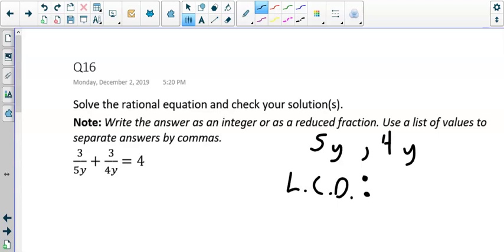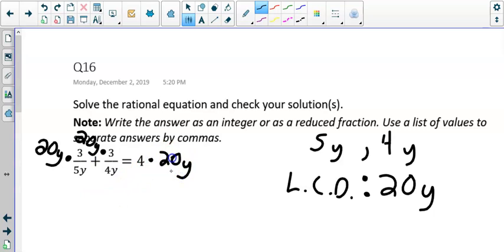Okay? Because I got to get them both to divide a common number. The only common number both 5 and 4 can divide is 20. And since both of them have a y, we need the y to come along for the ride. So, again, play Oprah. You get a 20y, you get a 20y, and you get a 20y.